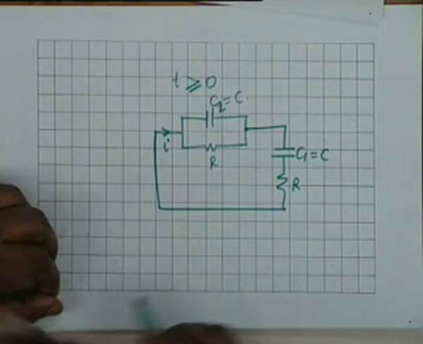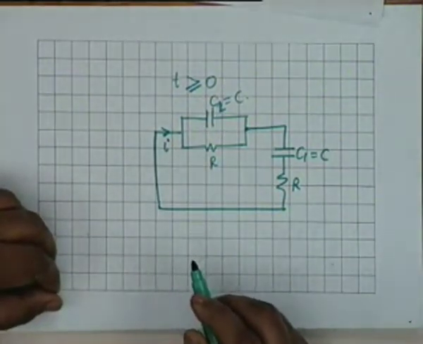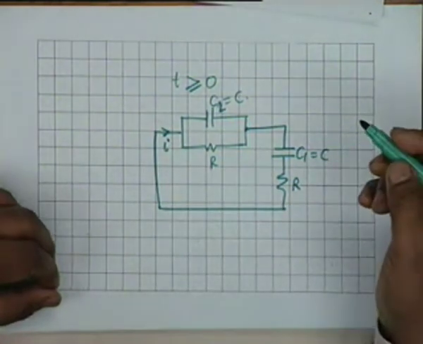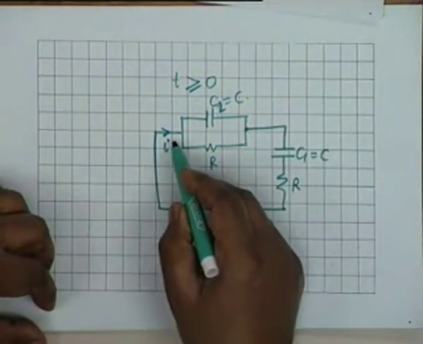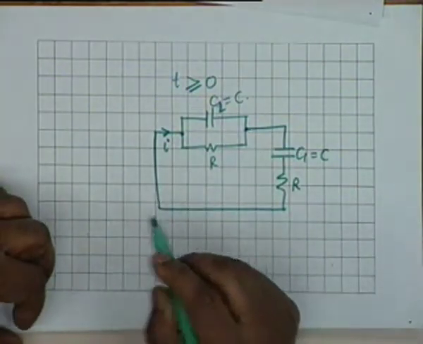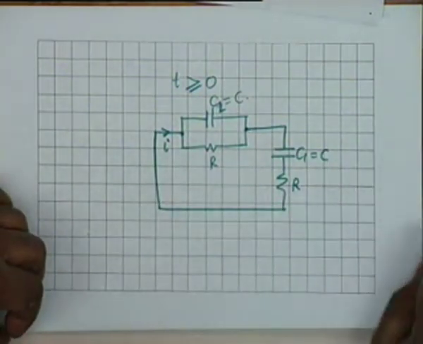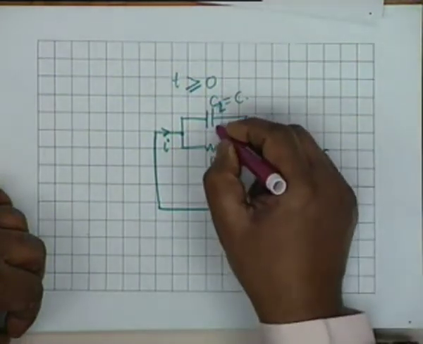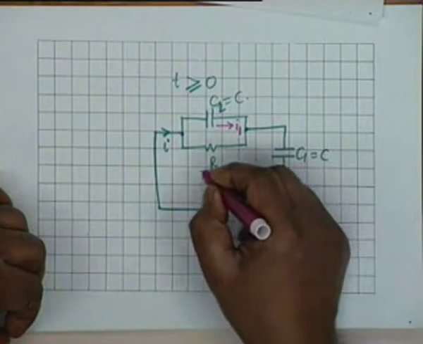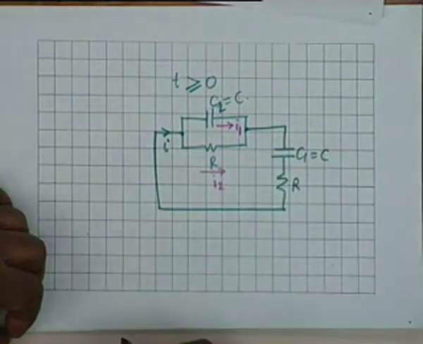All right. Obviously, KVL must be obeyed. But before I write KVL, this current I finds two paths. You have to be very careful in solving such problems. One of them is through the capacitor. Let's call this I1, and the other path is I2.